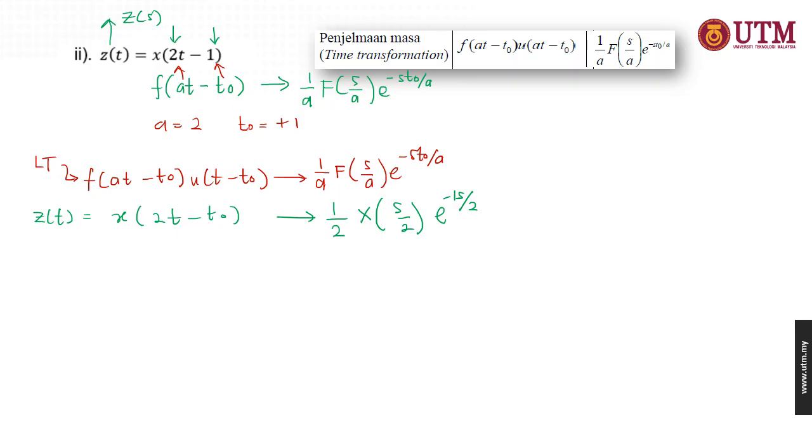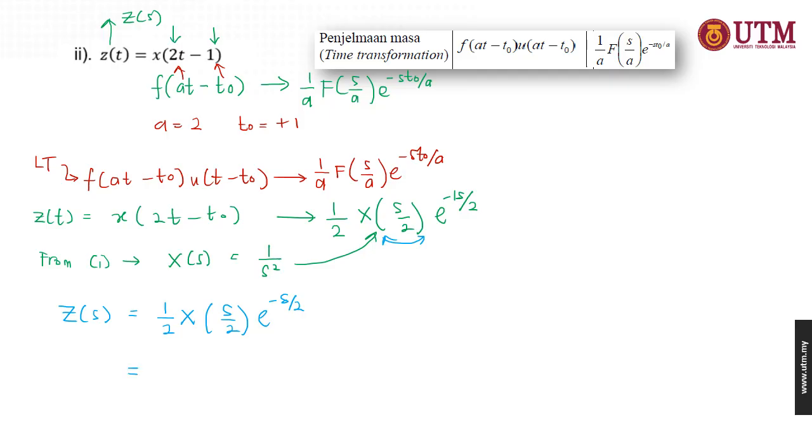In this case, what is your X(s)? X(s) from question 1, you know your X(s) equal to 1 over s squared. So now you need to replace X(s) into this equation, but take note that all s for X must be divided by 2. Therefore, your Z(s) equal to 1 over 2 X(s over 2) multiplied with e to the minus s over 2. So your X(s) is 1 over 2, 1 over s squared, but all s must be divided by 2. So s divided by 2 squared, multiplied with the exponential function e to the minus s over 2. Okay, so this is your Z(s).